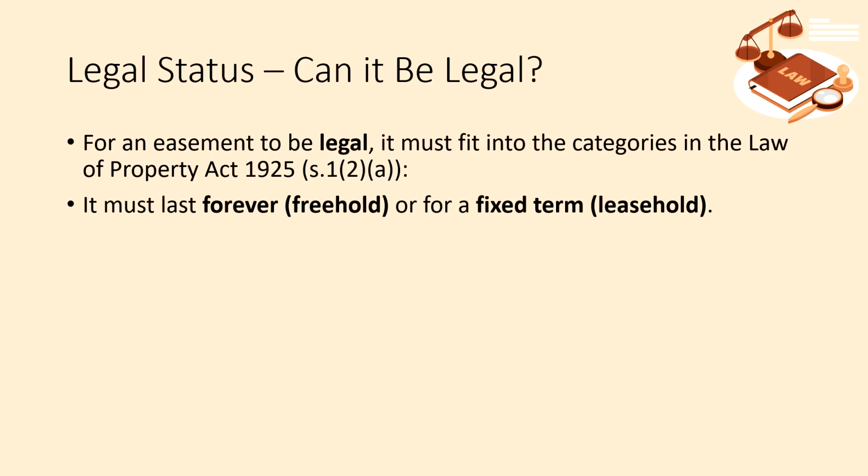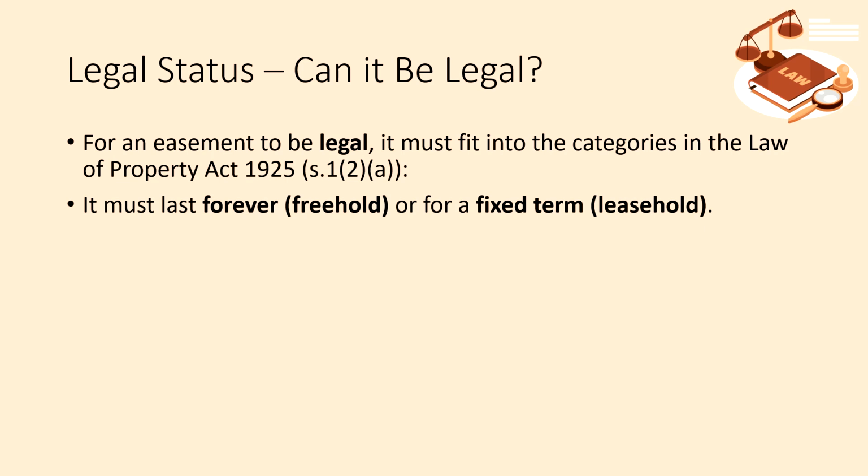The other option we have is if there's a fixed term of a certain duration. So maybe I say, oh, you can use the track across my land for 2 years, or 6 months, or whatever.